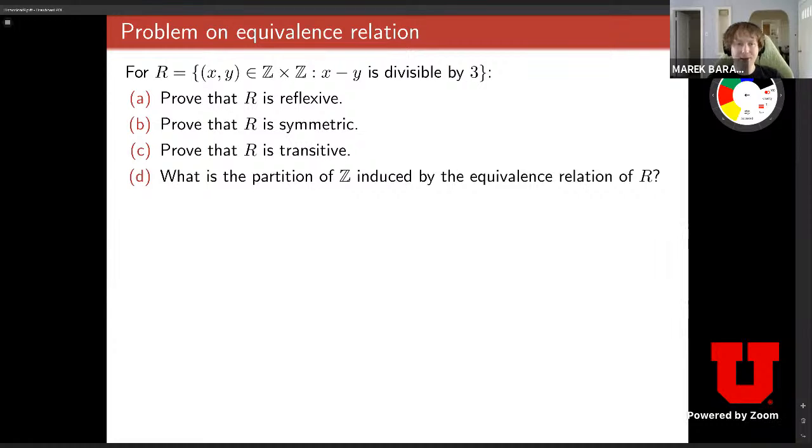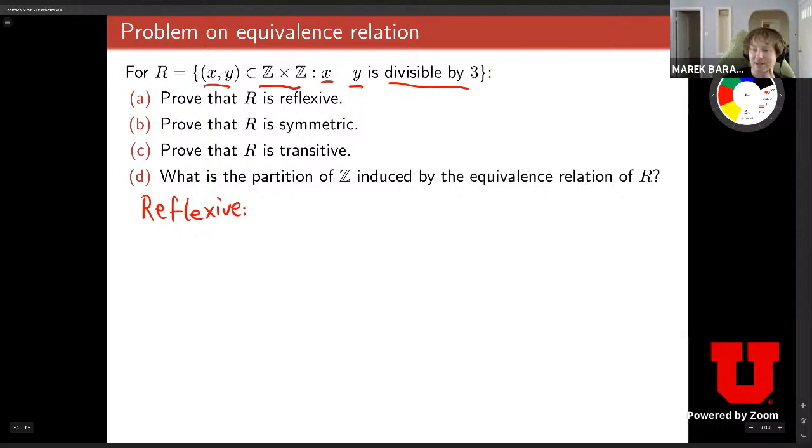Okay, so we have this relation where you have pairs from the integers, and they're in the relation if, for x, y in the integers product integers, x minus y is divisible by 3. So let's show reflexive.